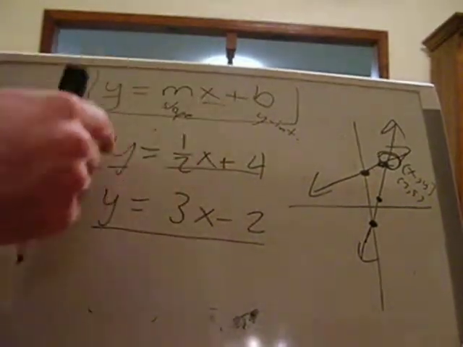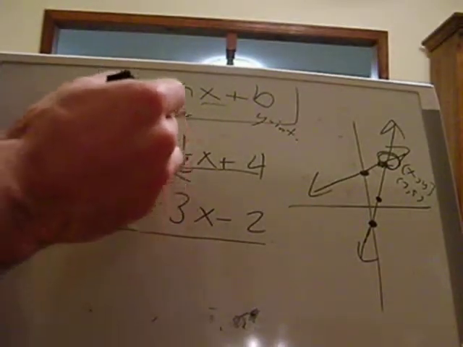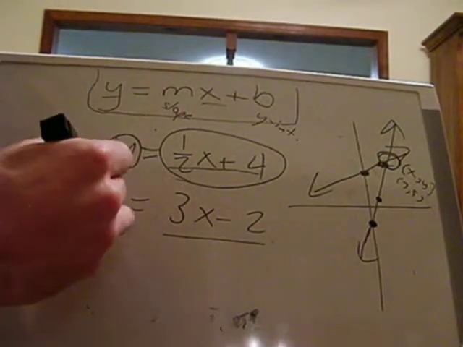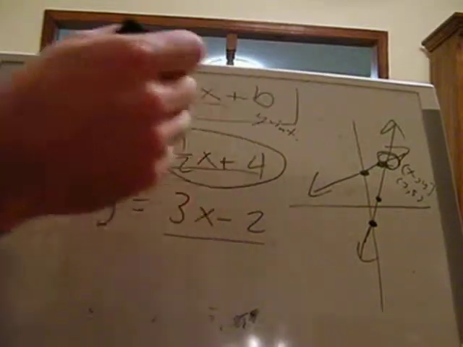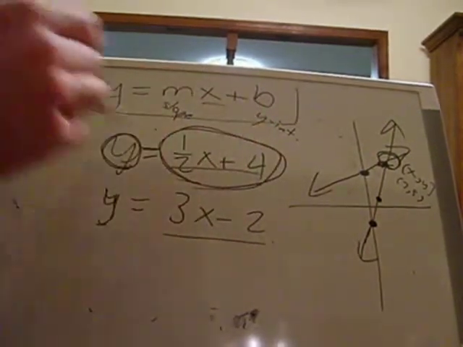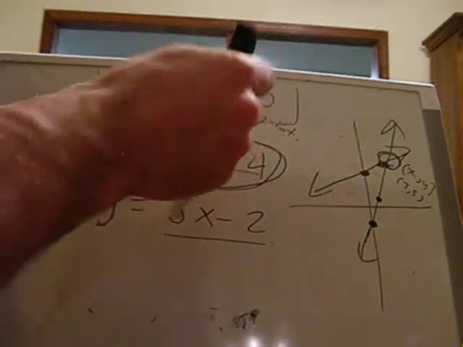So what we do is we take y equals this, okay, and since y equals all of this stuff, wherever we see a y, we can substitute it with this, because they're the same, they're equal. Makes sense? If y was 5, this would be 5.